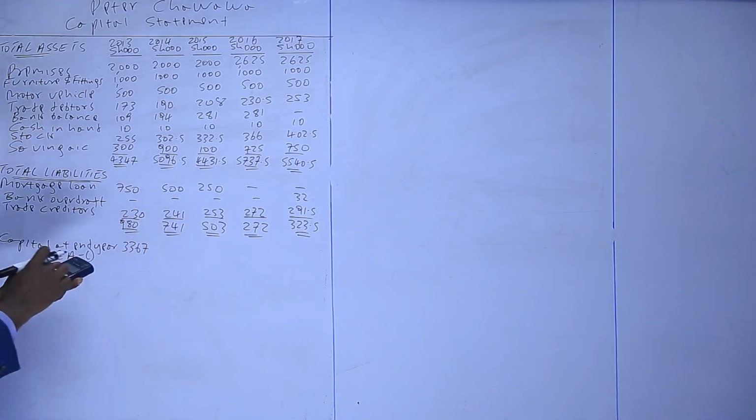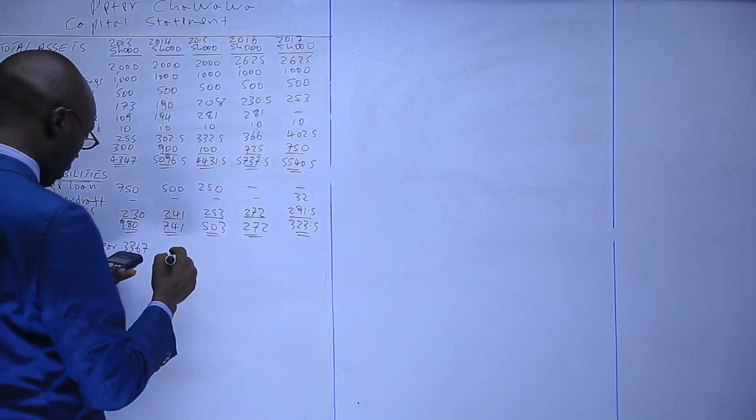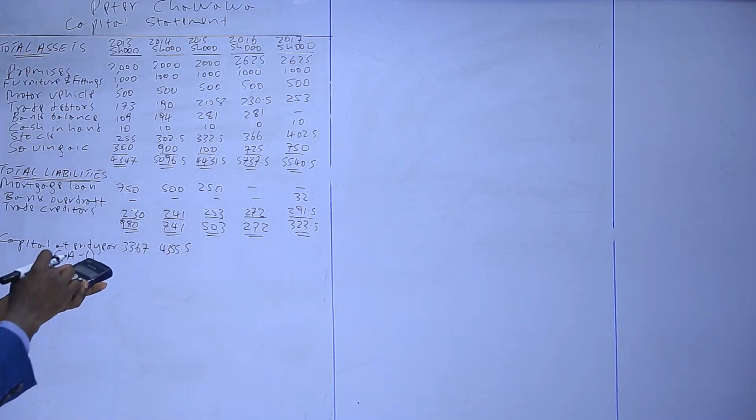Next is 5096.5 minus 741, gives us 4355.5.